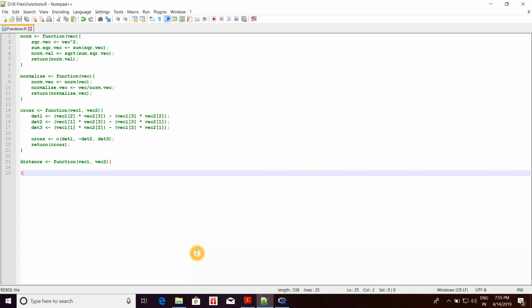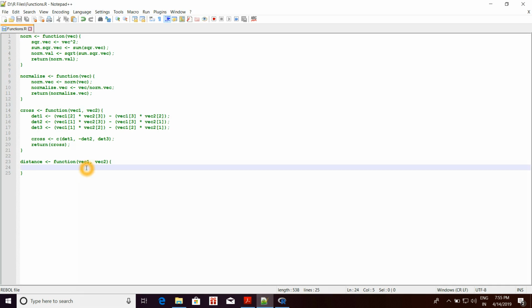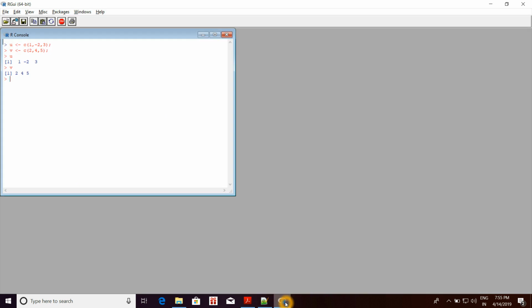So the difference, first we have to check what is the function to calculate the difference of the individual elements of two vectors.